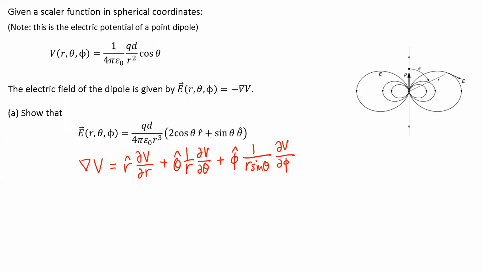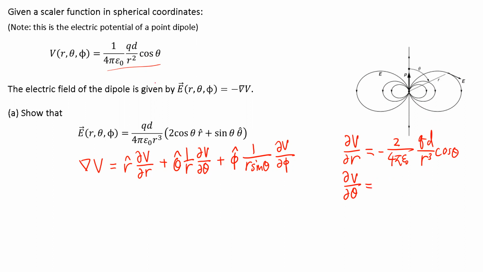Then we need to take care of partial V partial r, partial V partial theta, and partial V partial phi. For partial V partial r, just look at this function and take the derivative only for r, and then what you have is this. Then let's also do partial V partial theta.